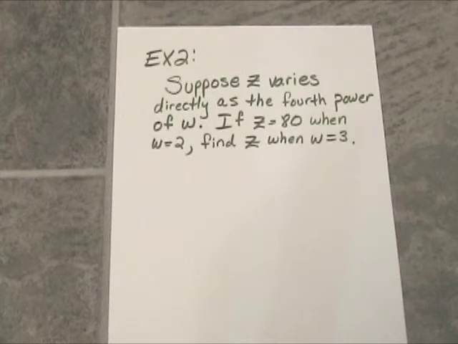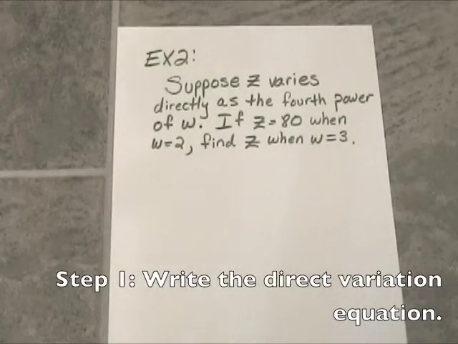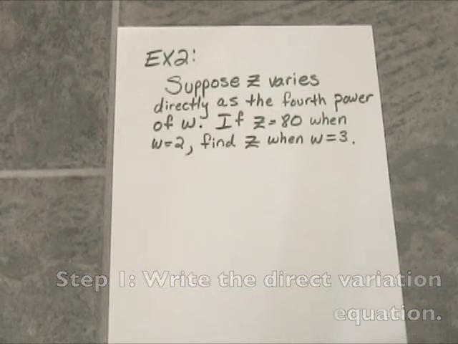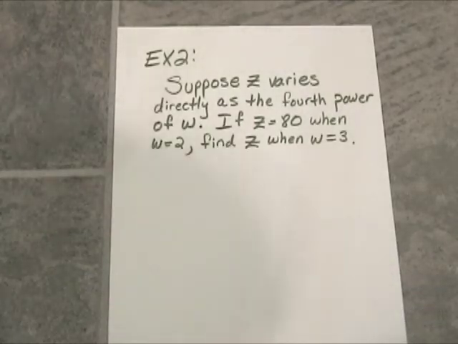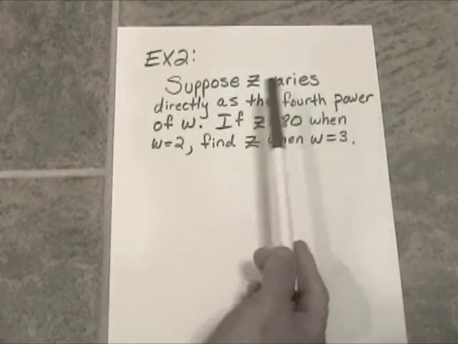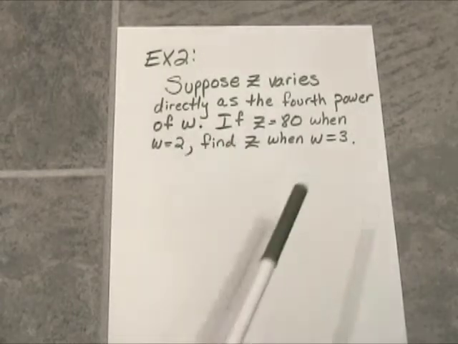Example 2. Now, it turns out that you can use direct variation to make predictions, like we saw in the preceding example. Basically, you just need to follow 4 steps. First thing you have to do is write the direct variation equation. So let's take a look at this example and follow down through these 4 steps. Suppose z varies directly as the 4th power of w.